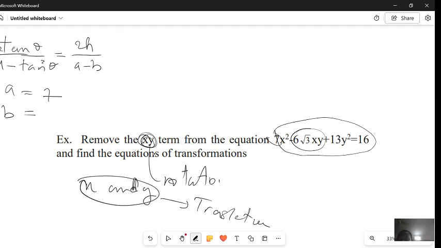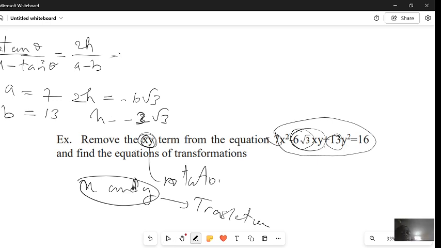The value of b in this equation equals 13. Now what's the value of h? The value of h is this one, the xy coefficient. But this one is 2h, as in the general equation I used to have 2h. So I will have 2h equal minus 6 square root 3, so I will have h equal minus 3 square root 3.